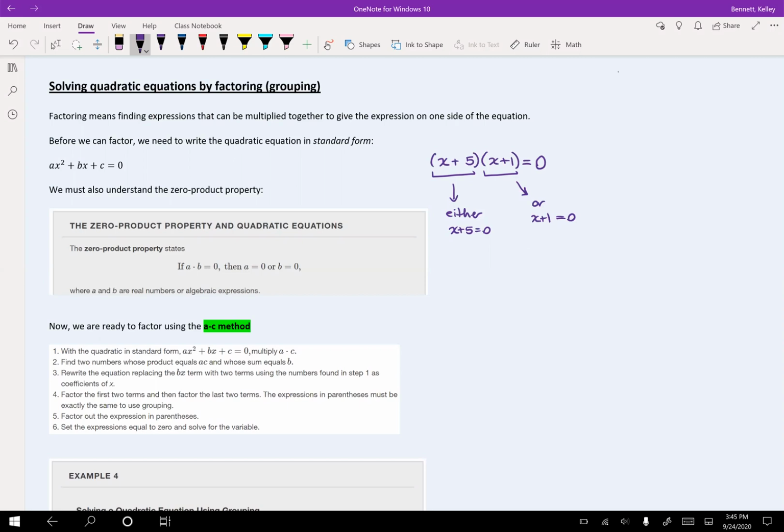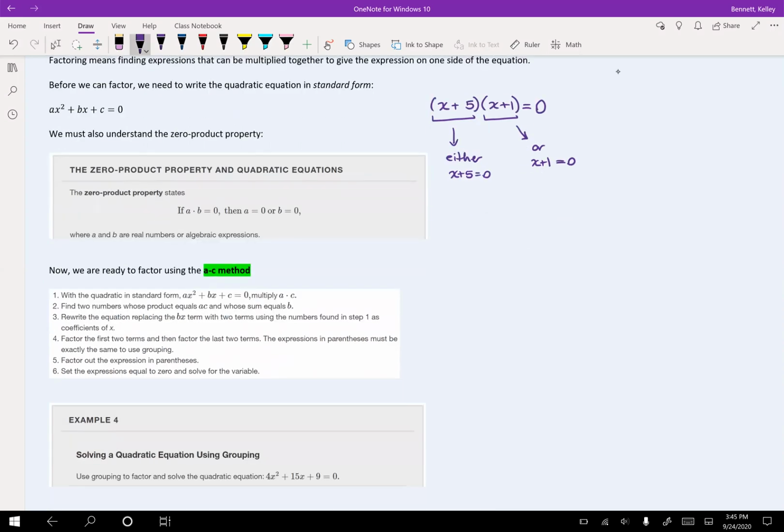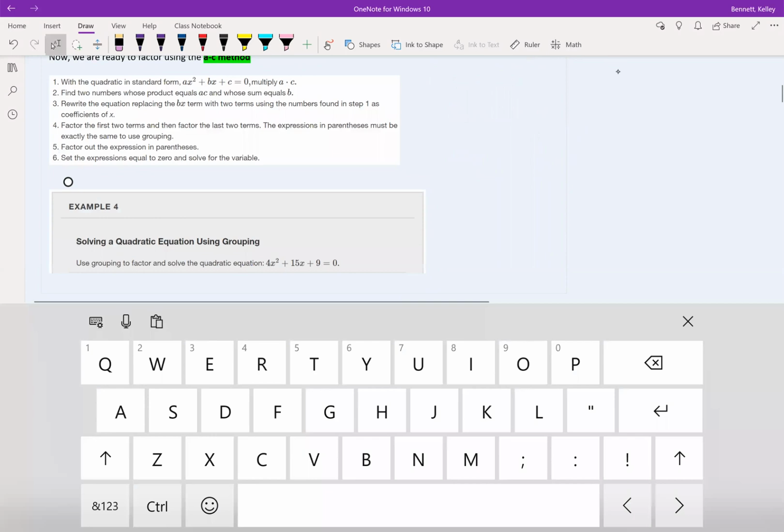So when we have our quadratic equation in standard form, that's the ax squared plus bx plus c equals 0, we're going to multiply a and c, and we're also going to take note of what b is, and we want to find 2 numbers that multiply to ac and add up to b. I think an example is the best place to start.